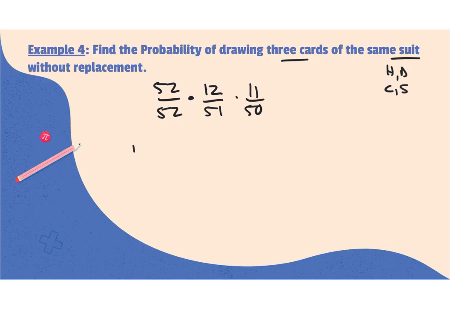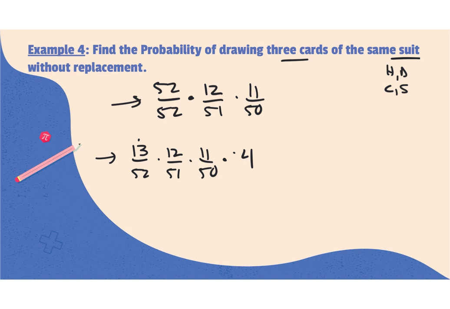Another way to think about it is, I'm going to take 13 out of 52, 12 out of 51, and 11 out of 50. But I can do that for 4 different suits, so I can multiply it by 4. These two things are the same, because 4 times 13 would just be 52. So it's kind of the same thing.